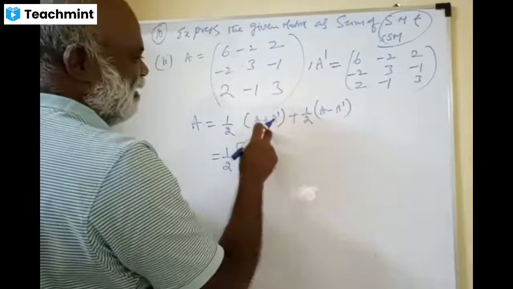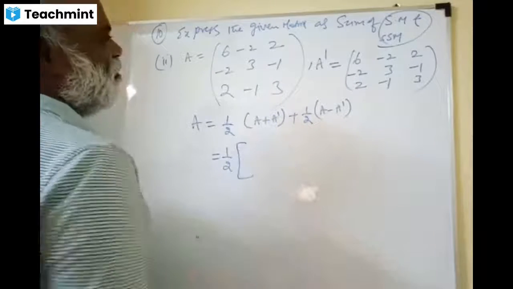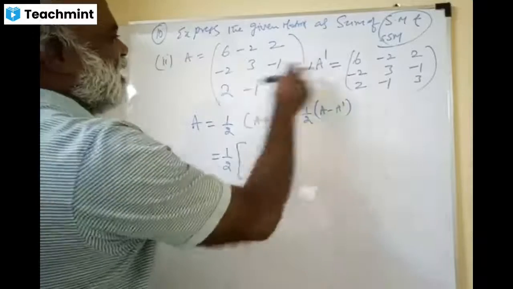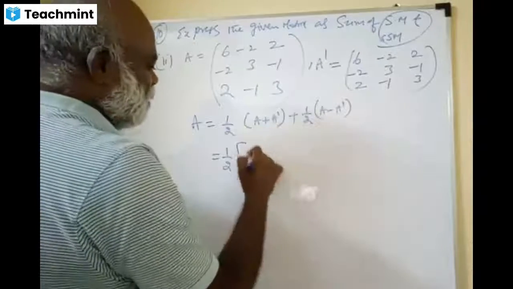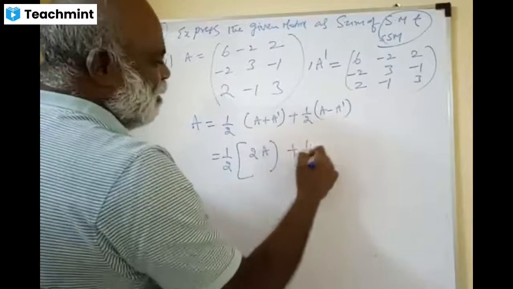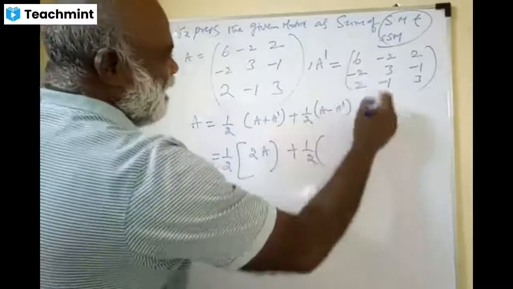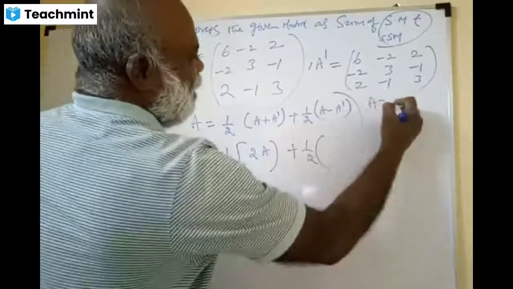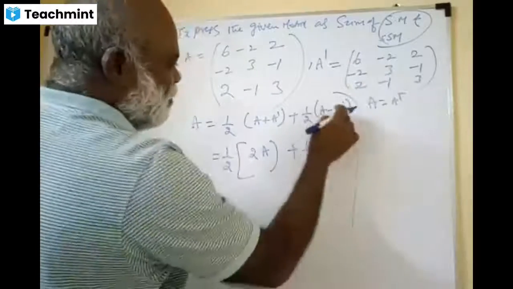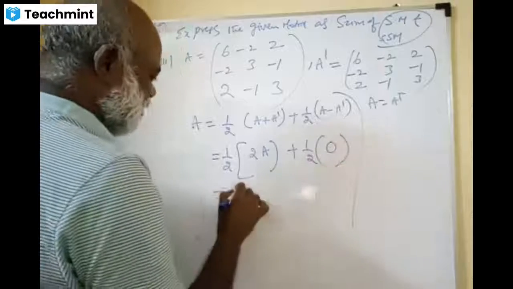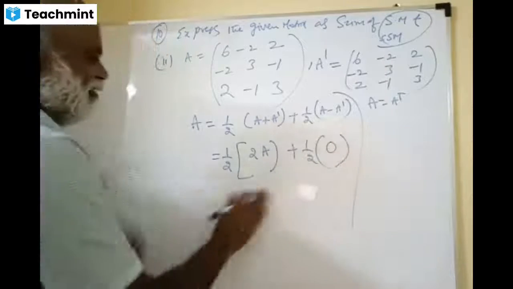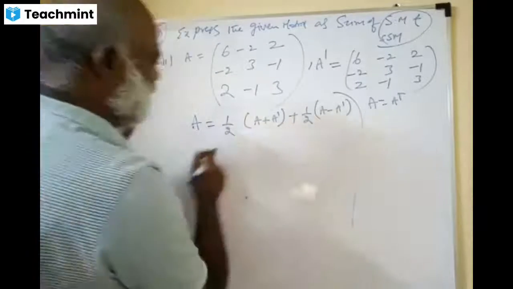A is A dash here. So this becomes 2A, and A equal to A dash, so A minus A dash gives 0. So it's nothing but A only. Anyway, you are writing that, so please write that.